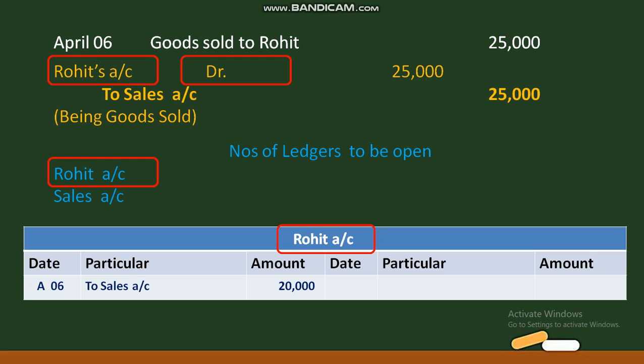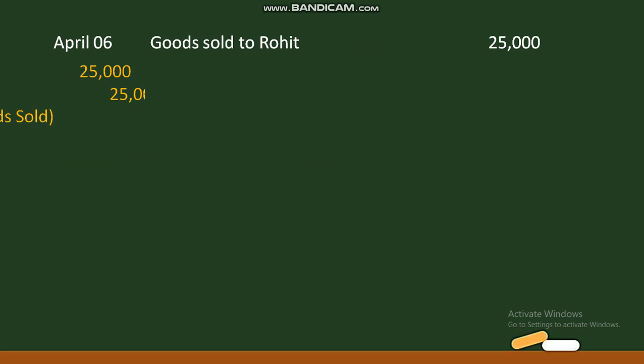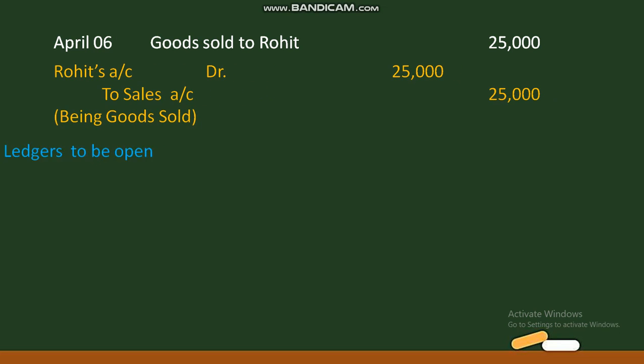So here in the column of date we have to write April 6, to sales account, and in the column of amount we have to write the amount. By mistake I have written 20,000 there, but you have to consider it as 25,000.